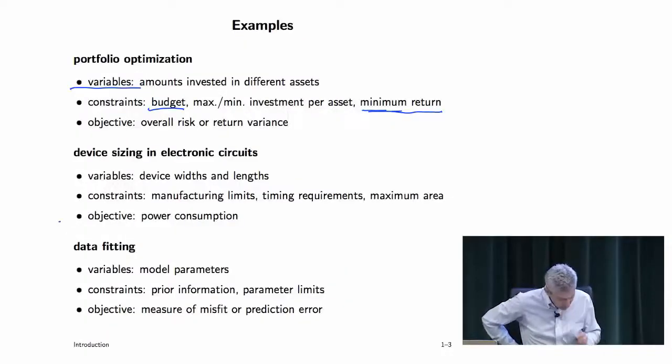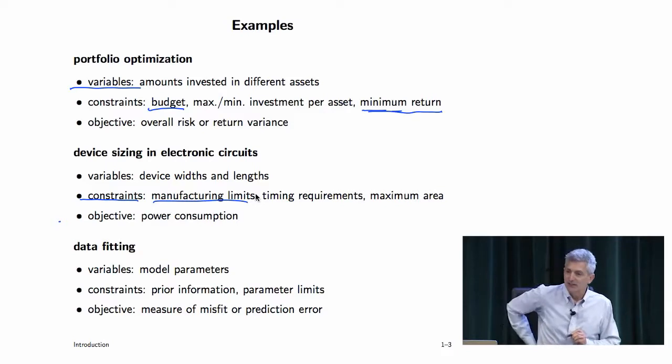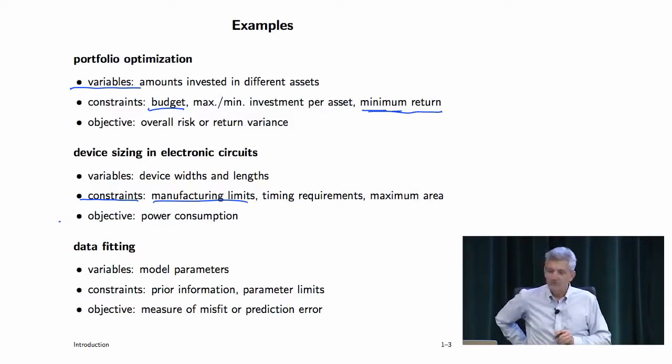Now the constraints are things like manufacturing limits, right? Because when you design a circuit, you send a big file over to Taiwan, whereupon it gets sent to Pudong for manufacture, and it's just this giant file that describes in a standard language, basically the postscript of circuits. It says, this is my physical circuit, please manufacture it, right?